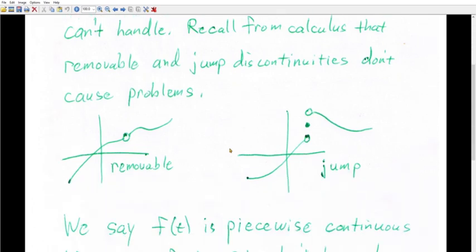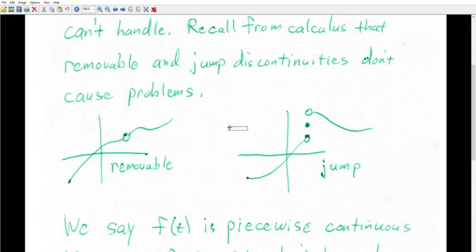And a removable discontinuity looks like this. It's a nice continuous function, except right here there's a hole. There might be a function definition here, or there might be no function definition, but that's what's called a removable discontinuity. You put a little point in here and you're fine.